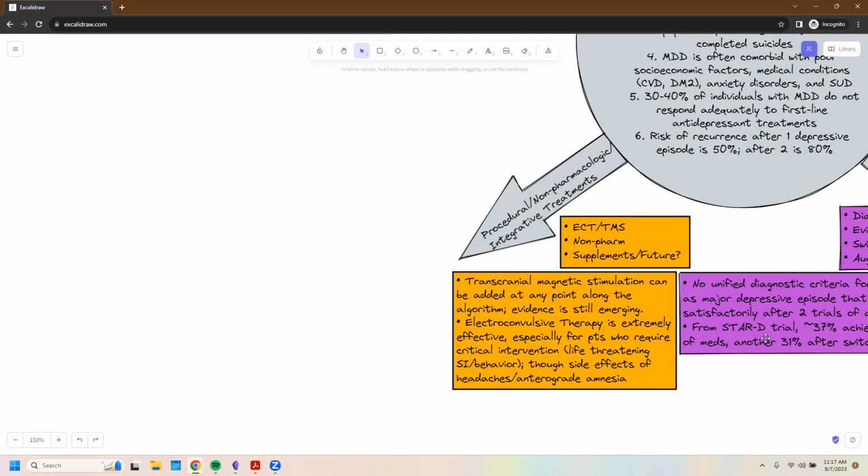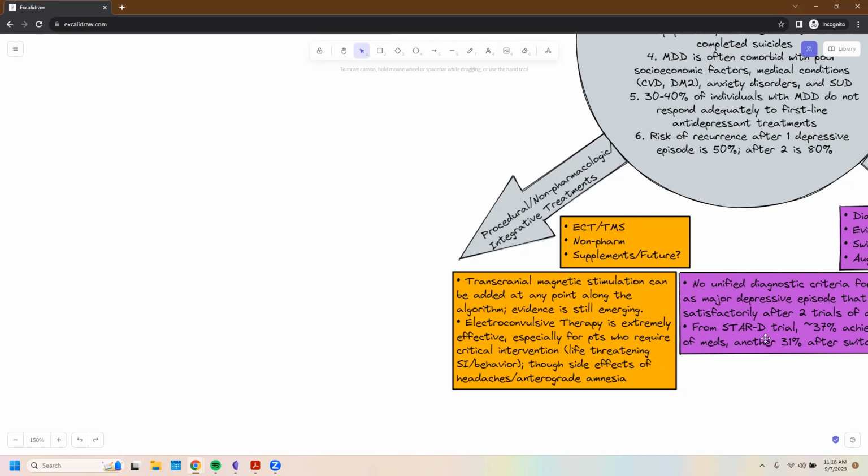TMS is very similar to ECT. You basically just get a bunch of magnets put to your head. Similarly to ECT, there's a brief initiation period where you can start off getting treatments like 3 times a week for a month, and then it tapers off to eventually once a week or even once every few weeks.